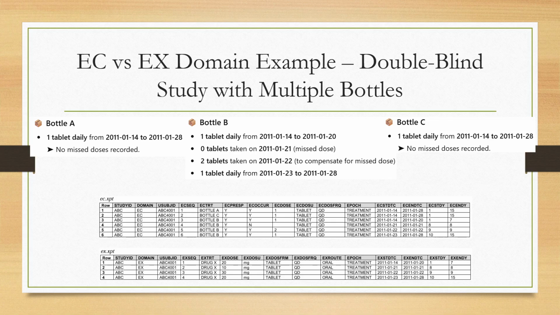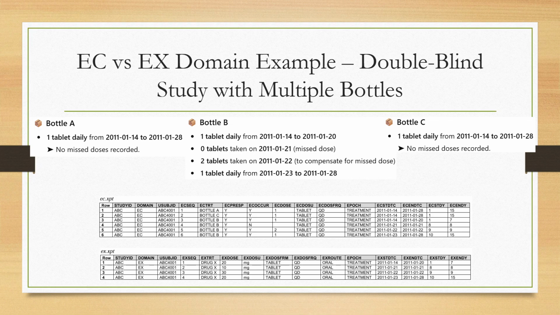On 21st of January, the subject took one tablet from bottle A, zero from bottle B, and one from bottle C. That means the subject took 10 mg from bottle A, 0 from B, and since C is placebo, it will be 0 again. So on 21st of January, the subject took 10 mg of drug X. So we have the second record created, which is of 10 mg, for 21st of January.